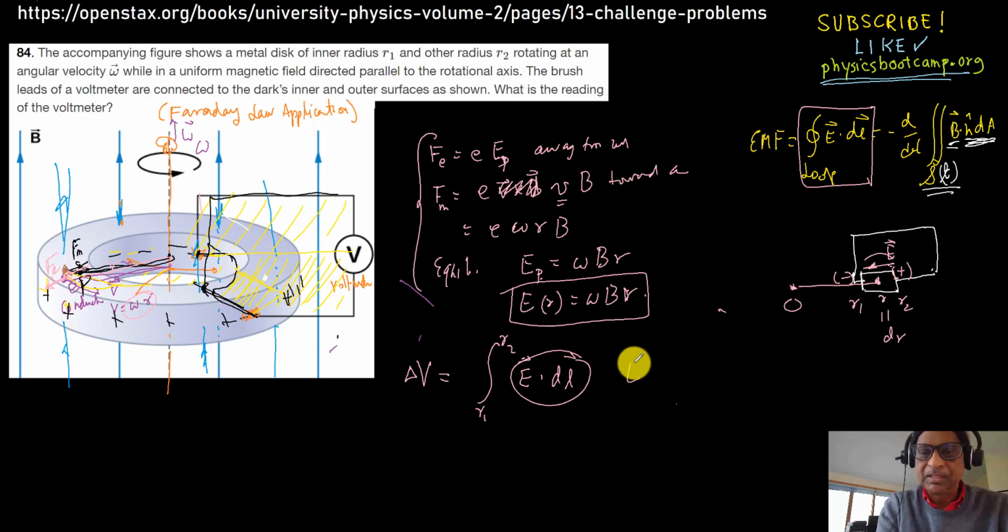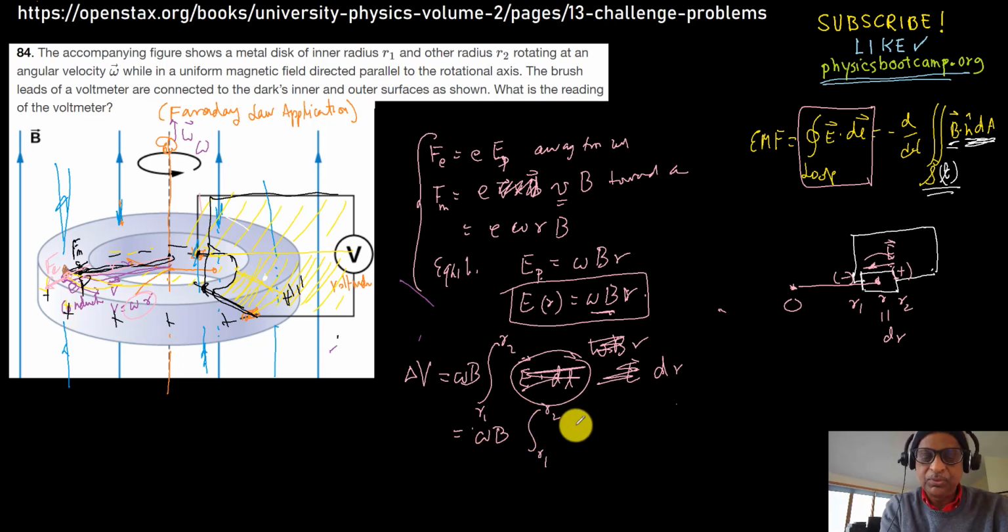So I said E dr, and E is this, omega b is constant. So this is just going to be omega b r dr. Omega b comes out. Very easy, right? Omega b and r1 to r2 r dr, which is just omega b over 2 times r2 squared minus r1 squared.